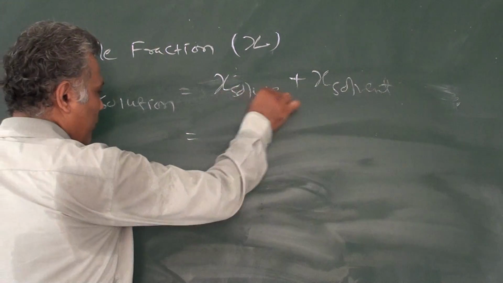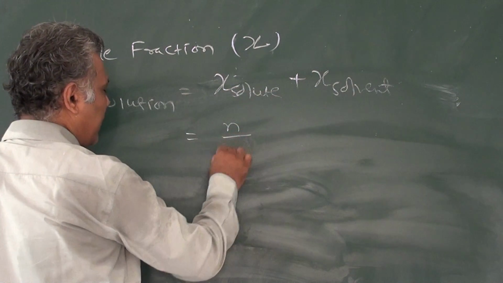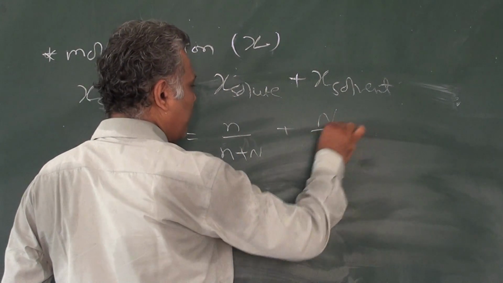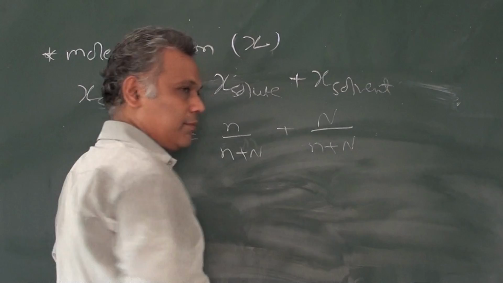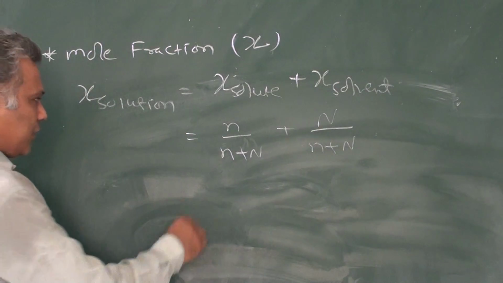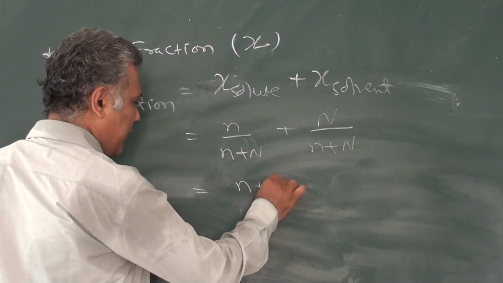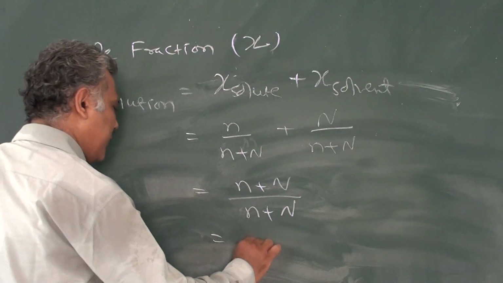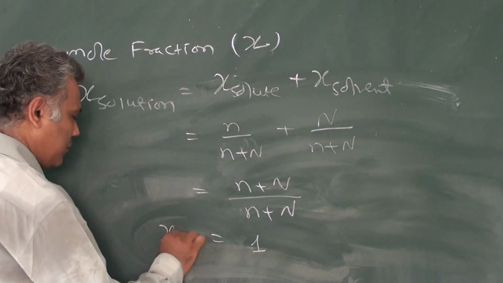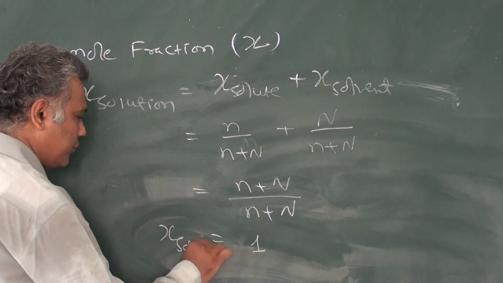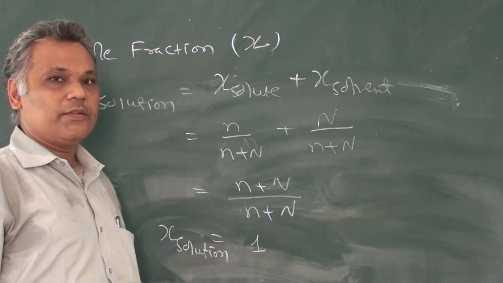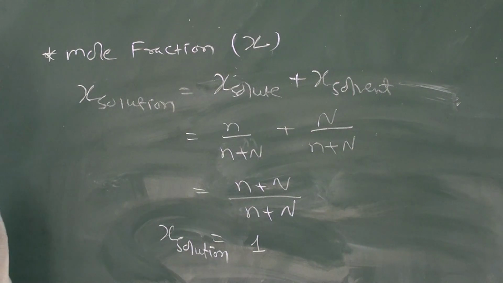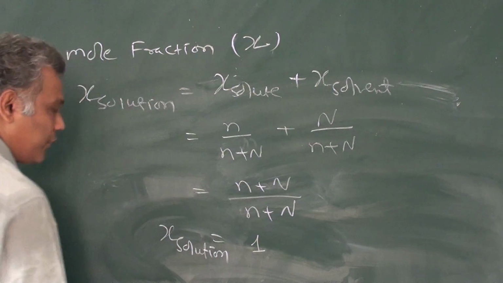Now we derived mole fraction of solute as n upon n plus N. For the solvent, we wrote it as N upon n plus N. If we find the resultant answer, we get the LCM n plus N, which cancels. That means mole fraction of solution is always 1. So from this, we can say that mole fraction of solution is always 1.